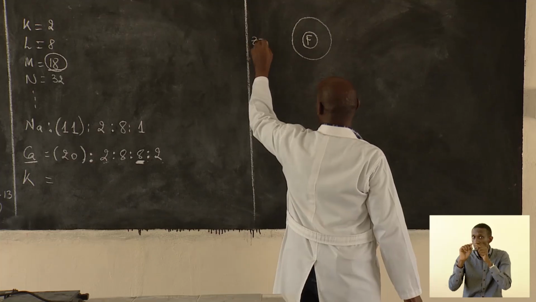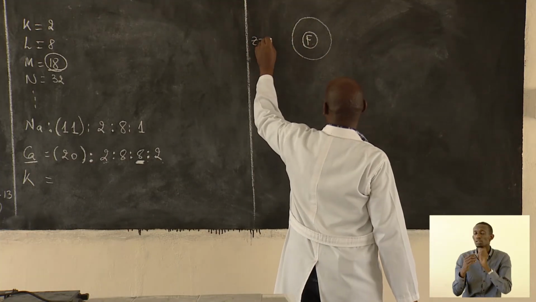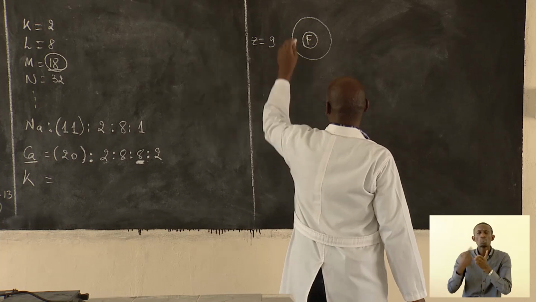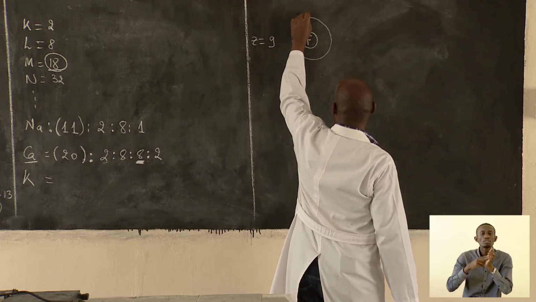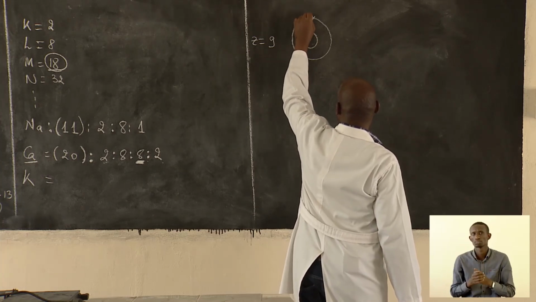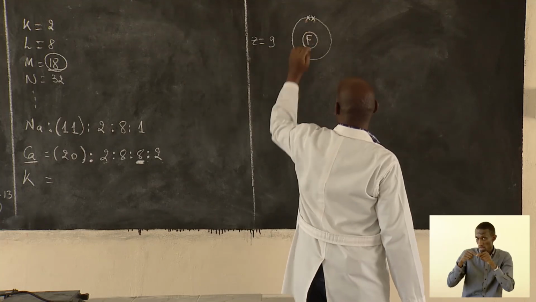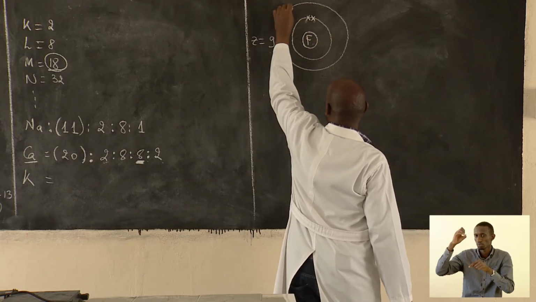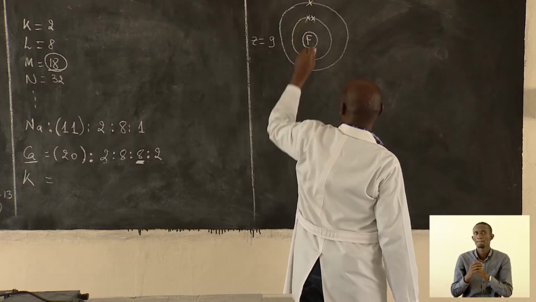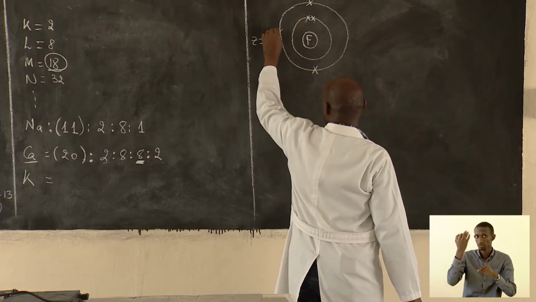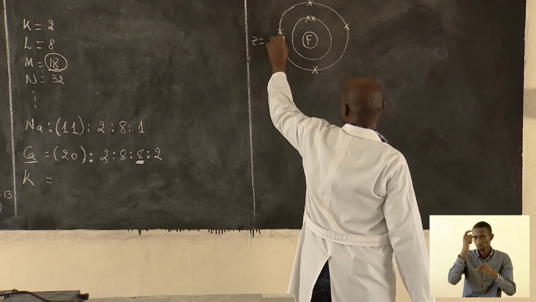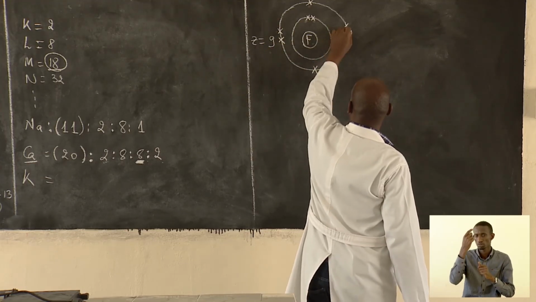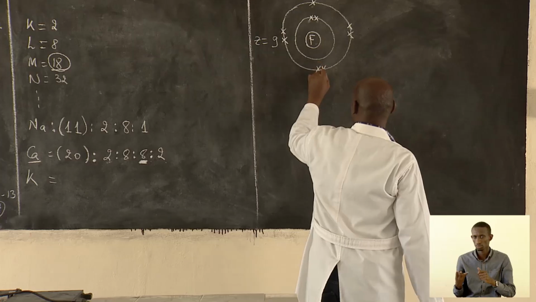What is the atomic number of fluorine? From your periodic table, it's 9. So in the first energy level, we have 2 electrons. And after using 2 electrons, 7 will be remaining, and the 7 will go in the second energy level. 1, 2, 3, 4, 5, 6, and 7.